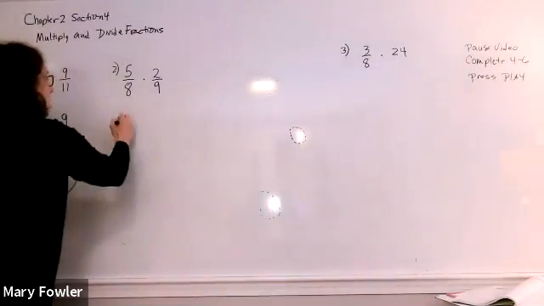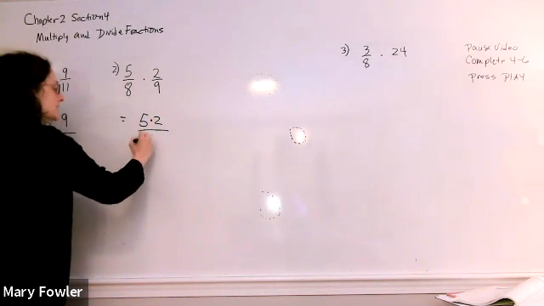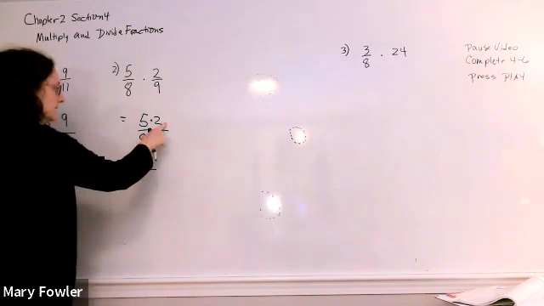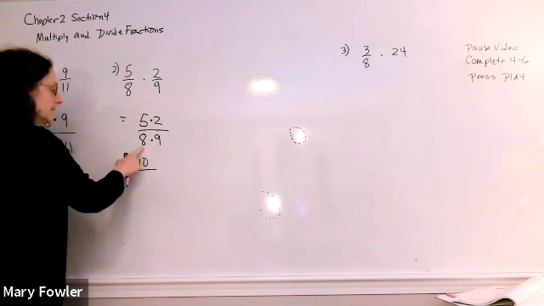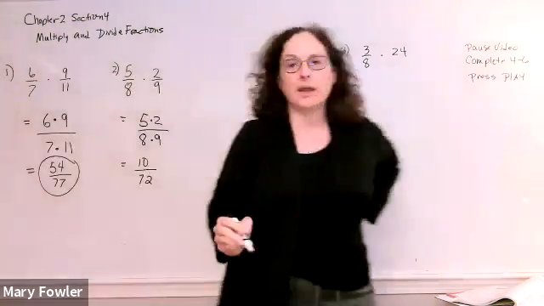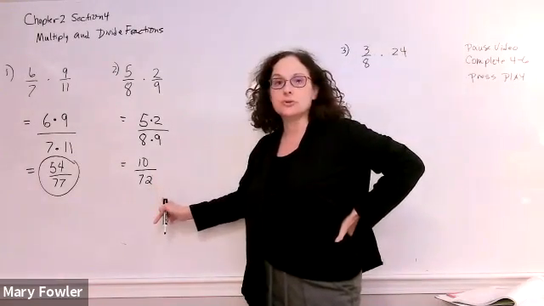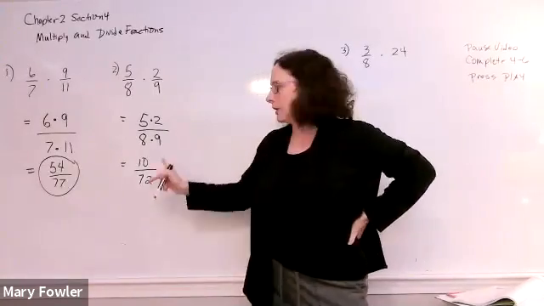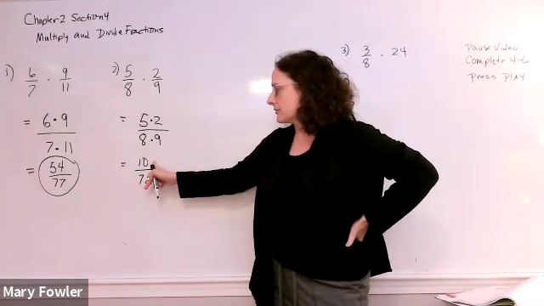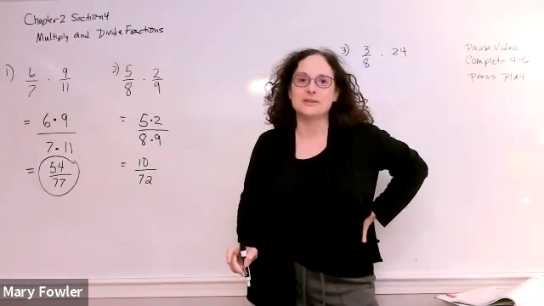Okay, so the numerator is 5 times 2, and the denominator is 8 times 9. So we see that's 10 in the numerator, and in the denominator 8 times 9 is 72. Now I have to ask if there is anything I can do to reduce. I noticed that both the numerator and the denominator are even. There's a factor of 2 in the numerator, and hiding in that 8, there's a factor of 2 in the denominator.